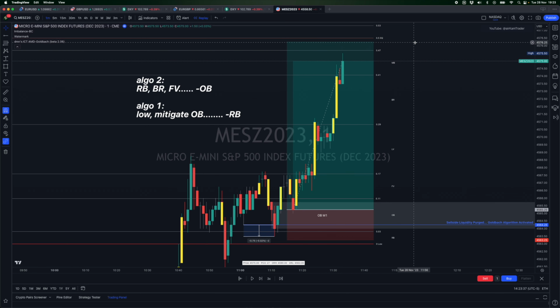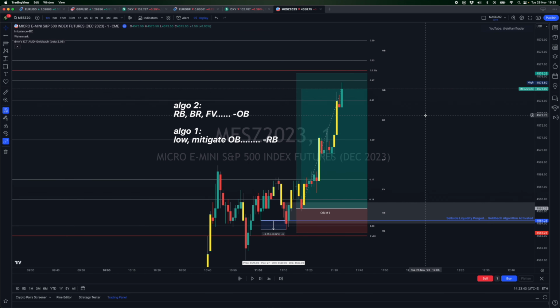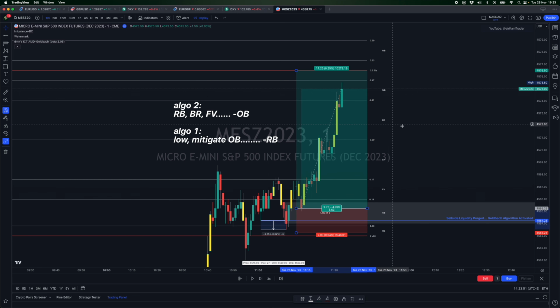He TP'd just below equilibrium. So to be safe, I assume he wanted to TP at equilibrium, but maybe our good friend ICT doesn't want to show us this exact price, because this is the exact price of equilibrium. So in order to keep his magic hidden, he TP'd just before, so you have a different reference price.